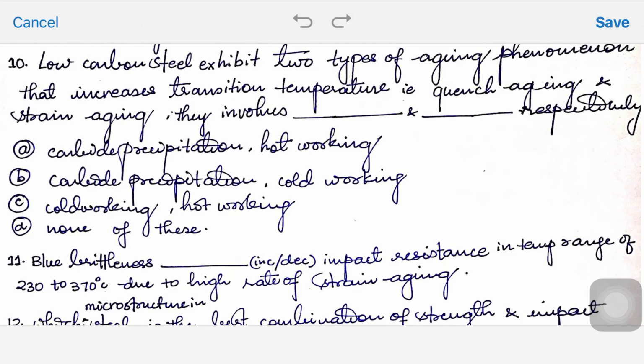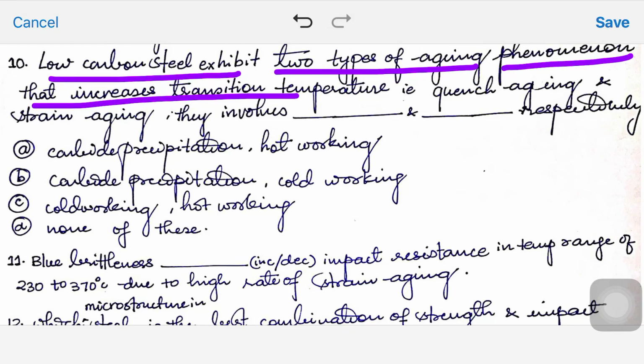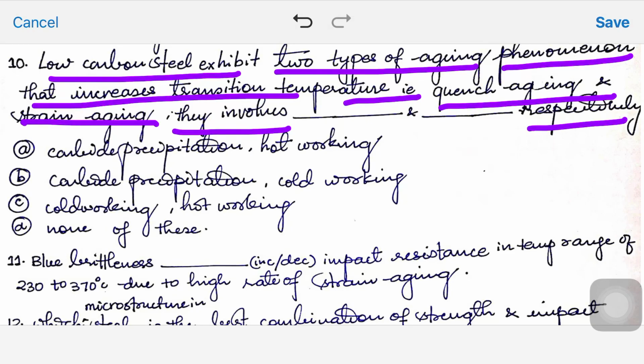Now question 10. Low carbon steel exhibits two types of aging phenomena that increase the transition temperature, that is quench aging and strain aging. They involve this and this respectively. Both of them increase the transition temperature or DBTT, making the steel more brittle.